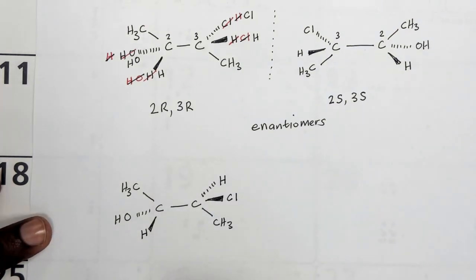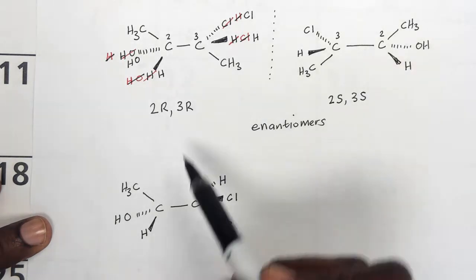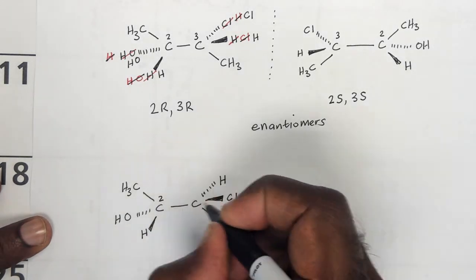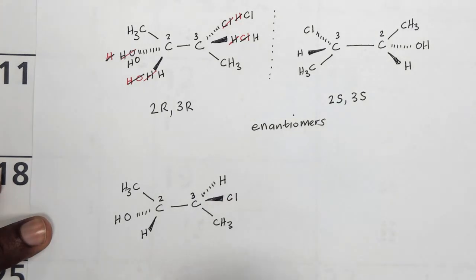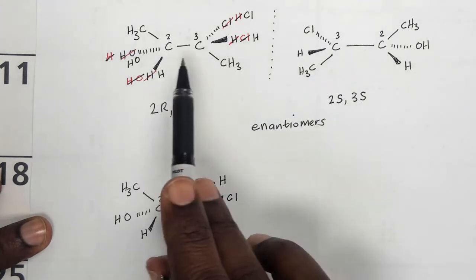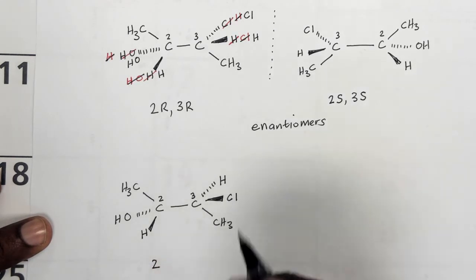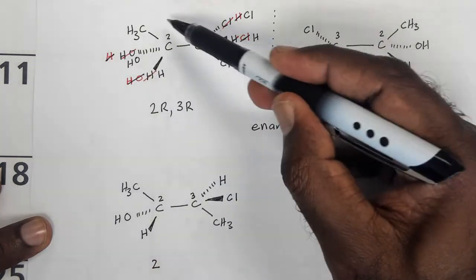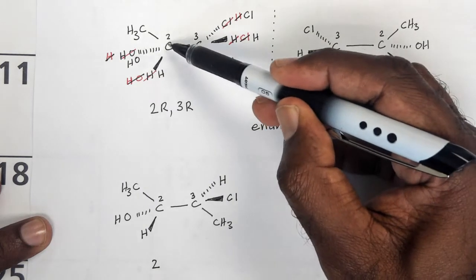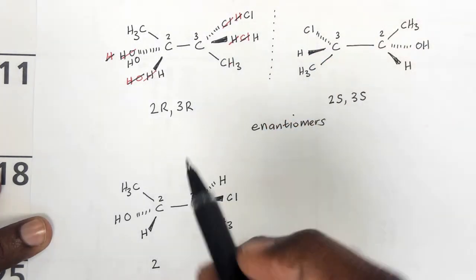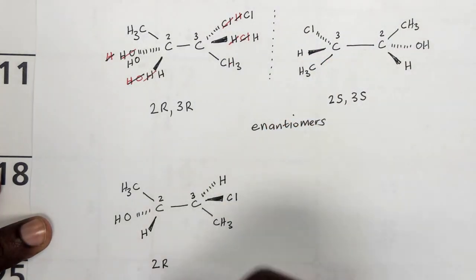By doing this, I can now name the molecule as R or S at C2 and C3 just by looking at this particular structure. If I look at the 2 position, you'll see that I didn't change anything around the groups at C2. So the 2 position will still be 2R.